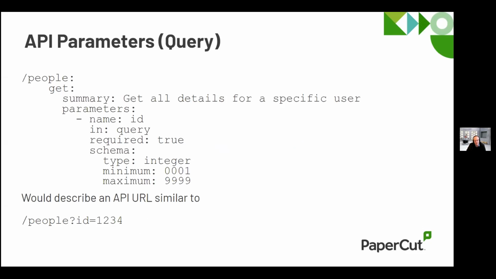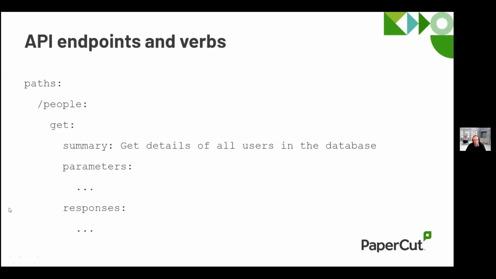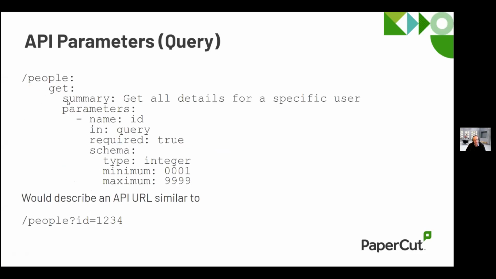Now, let's see an example of some parameters. I remember I said parameters in here. I'm going to expand that out a bit. So here we've got a URL for people, and it's get, but you can pass a parameter with a specific ID in it. It's actually their ID, not their name, but it's a query parameter. So what we would do is that with this information, we are documenting an API call that looks a bit like that.